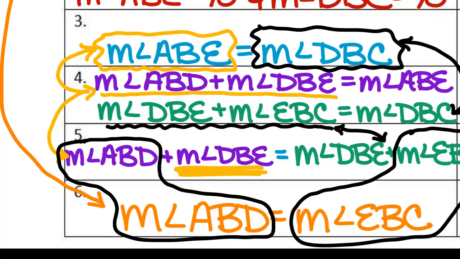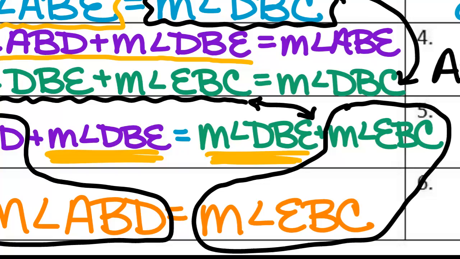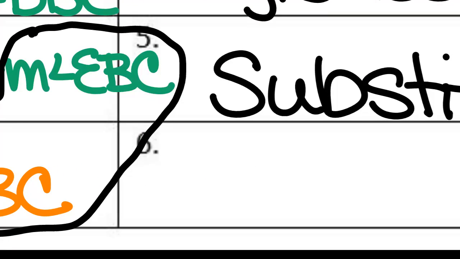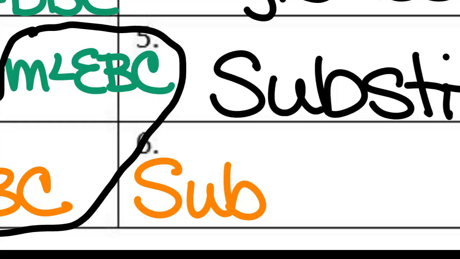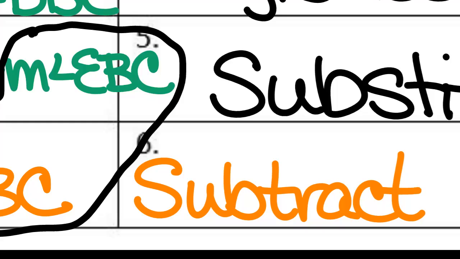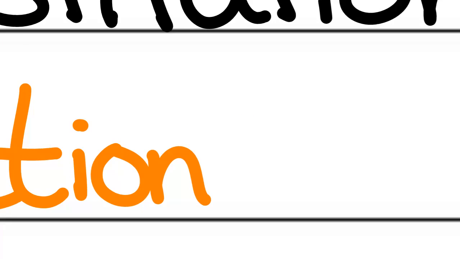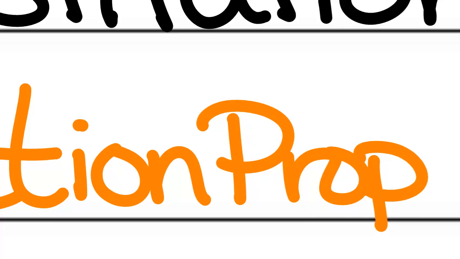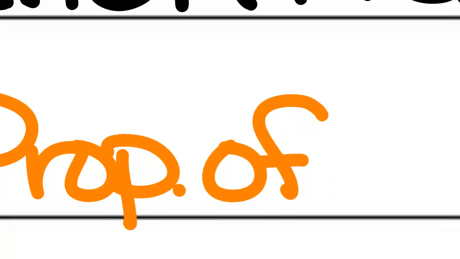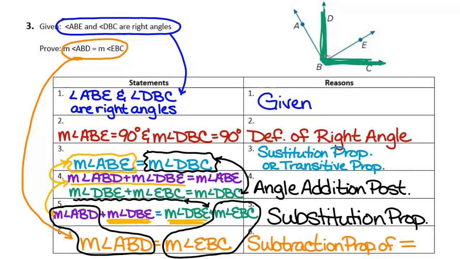Angle DBE is there. And on the other side, angle DBE is also there. And I want it to go away. Subtraction. Am I taking away the exact same thing from both sides? Yes, so this would be a property of subtraction property of equality. There we go. Subtraction property of equality.